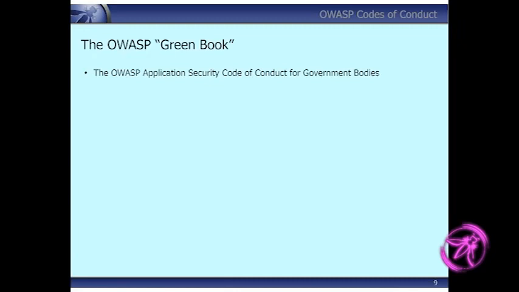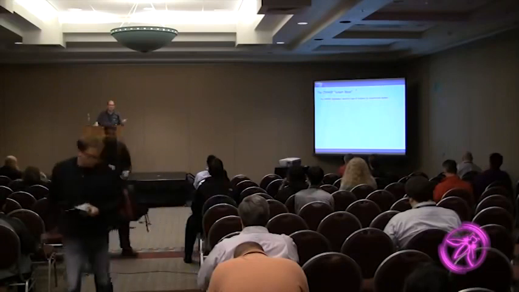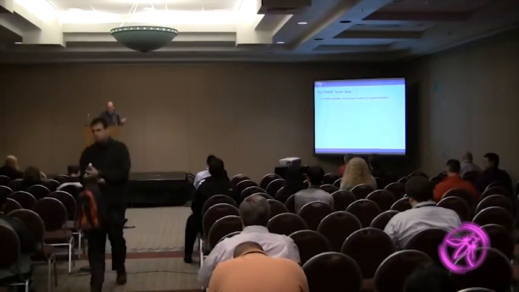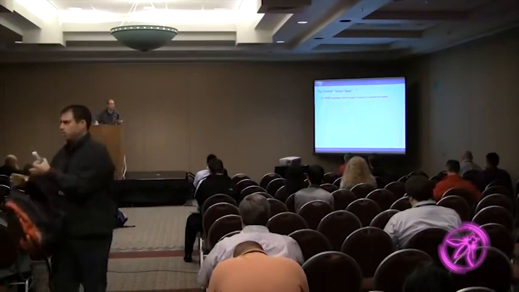The important issue here is that government bodies have got a huge influence on application security potentially, because one, they are potentially very large consumers of application software, and also they've got quite a lot of influence over many industries and the behavior of individuals. So what OWASP would wish, of course, is that they use this power to ensure that software applications are secure enough for their intended use.